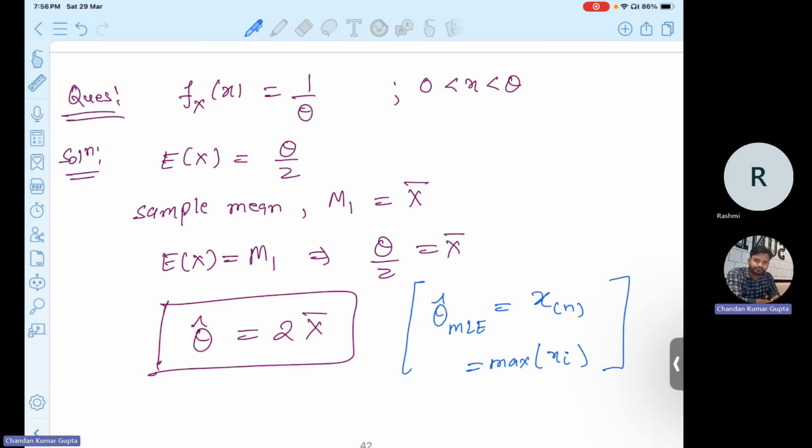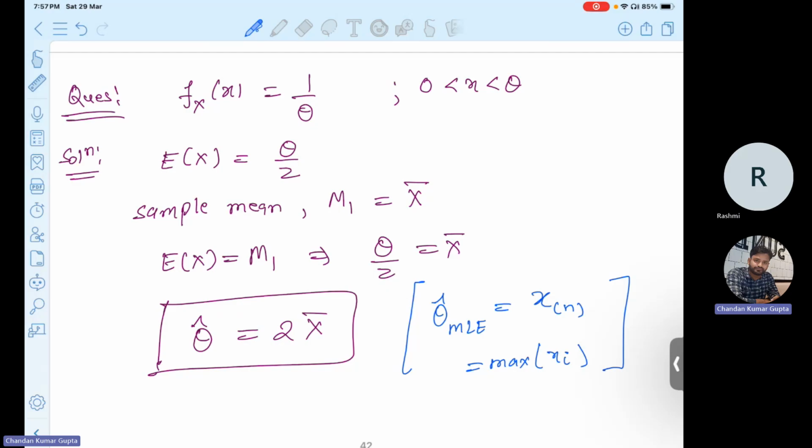If, for example, we have a different functional form, then again we will use the same approach, and the calculation is somewhat lengthy.